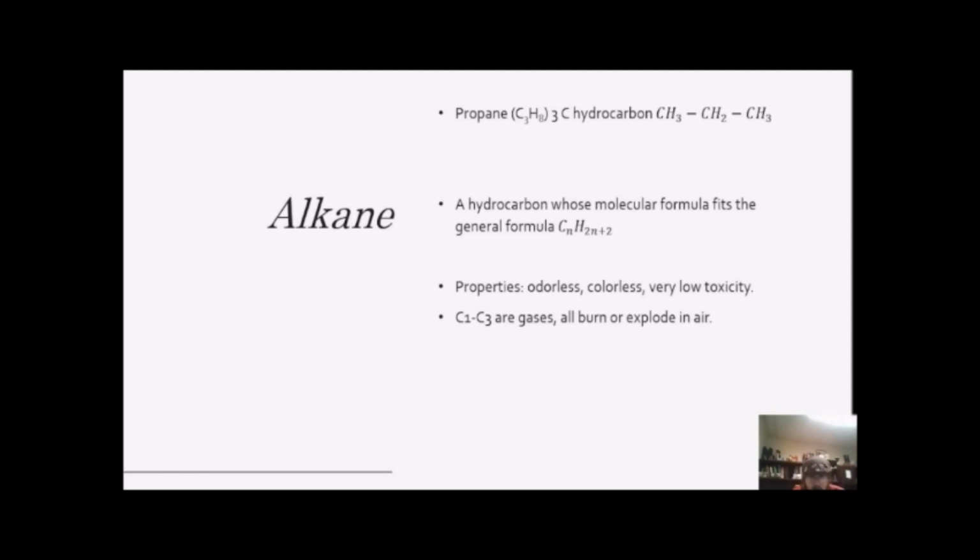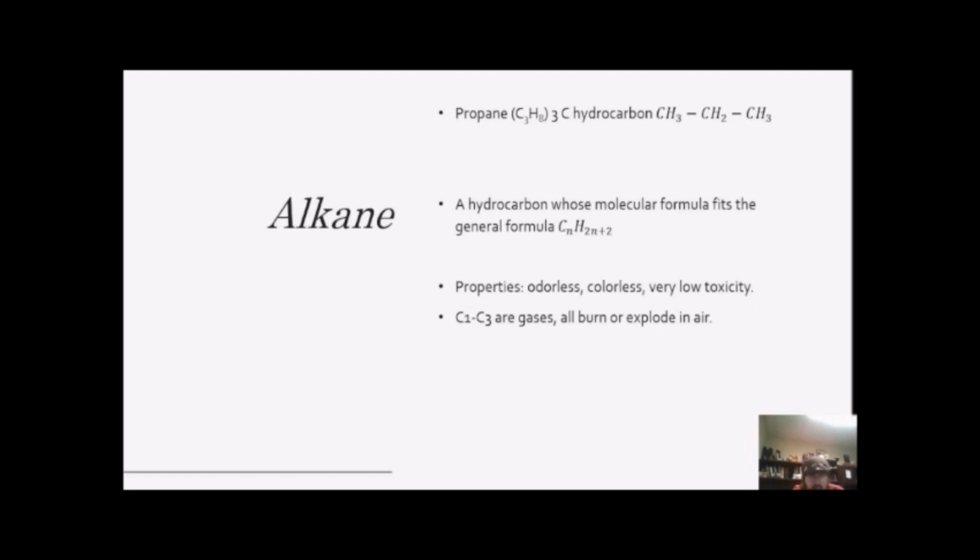The properties of these guys are all very similar. They're all odorless, they're all colorless, and they're very low in toxicity, so you can ingest a good amount of this without suffering any major consequences. Carbon chains 1 through 3 are all gases. While methane is the key component in natural gas, we typically don't use ethane much.